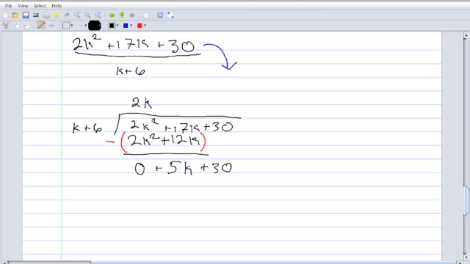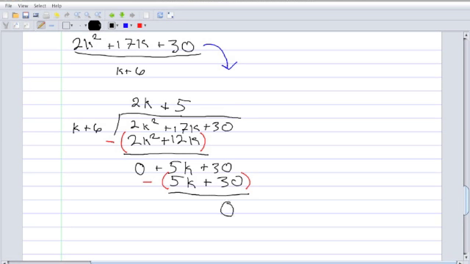So now I'm just going to repeat the process. I'm going to say this 5k divided by k leaves me with a positive 5. So 5 times k, again, is going to be 5k. 5 times 6 is plus 30. So again, when you subtract the two lines, you say that first line minus this in parentheses. You see you get 0.